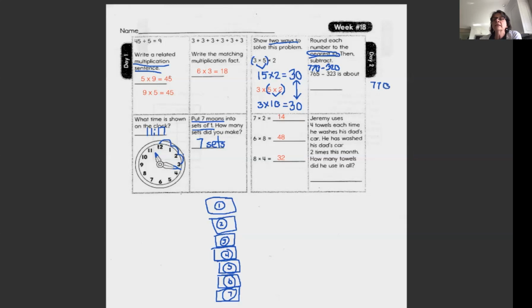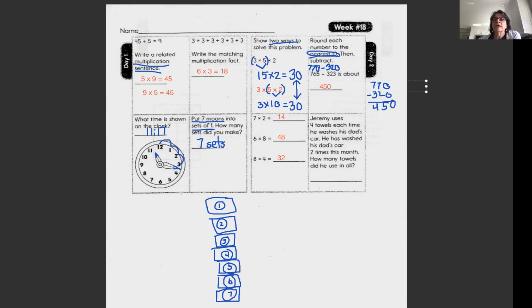Remember, it is asking us to subtract, so 770 minus 320. Remember, you always start with the ones. 0 minus 0 equals 0. 7 tens minus 2 tens equals 5 tens. And 700s minus 300s equals 400s. So our answer is 450. Hopefully you got that as well.